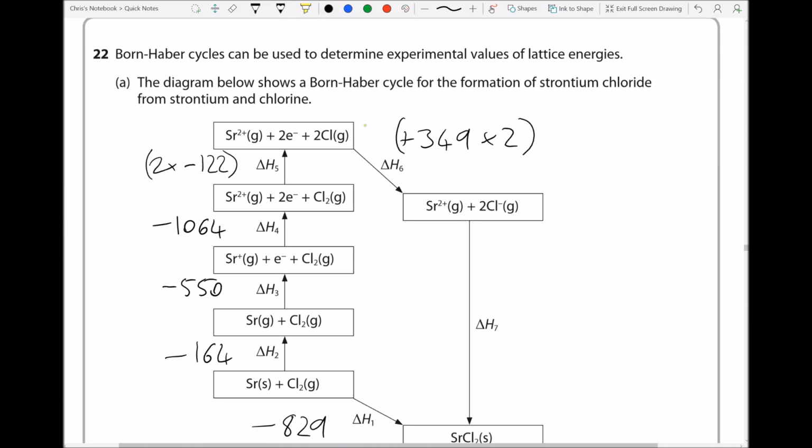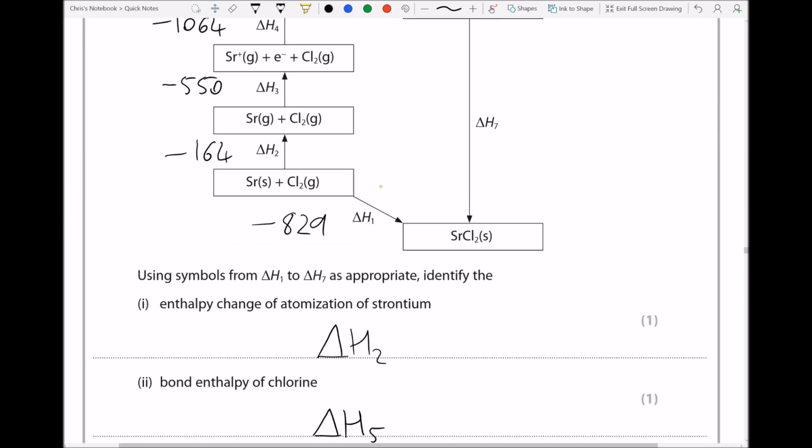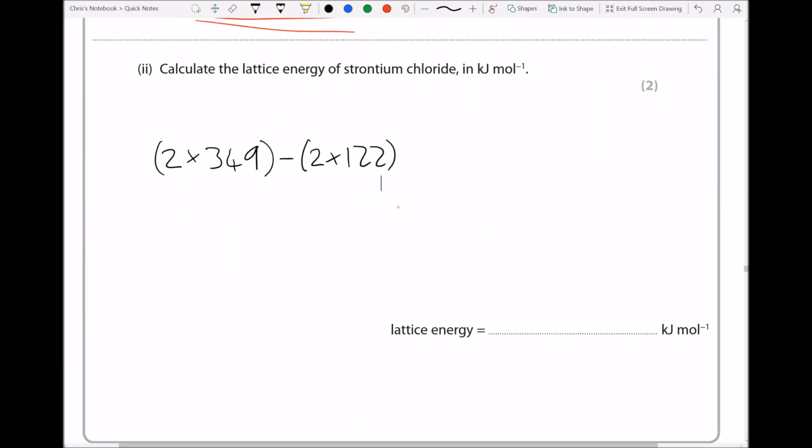Yep, 122, sorry. And then obviously minus 1064, minus 550, minus 164, and then minus 829.